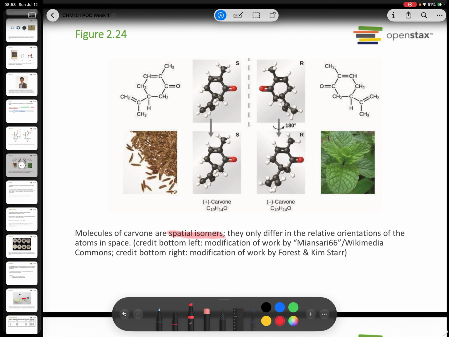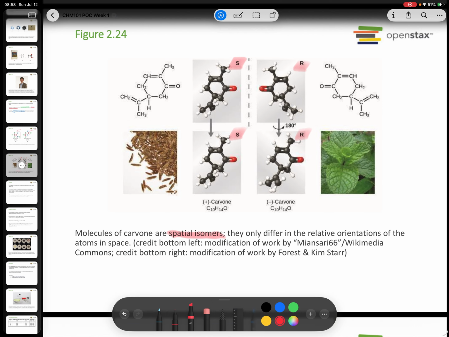Makikita nyo siya na meron tayo dito plus carbon tsaka minus carbon, or tinatawag namin ito na S isomer tsaka R isomer ng carbon. Kaya siya meron ditong label na S tsaka R. So, parehas yung connection yung mga yan. Makikita nyo. Pero iba yung orientation sa space.